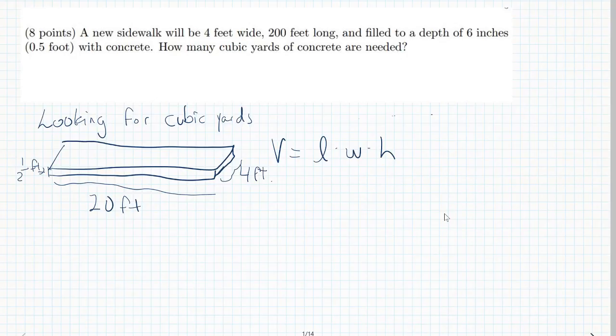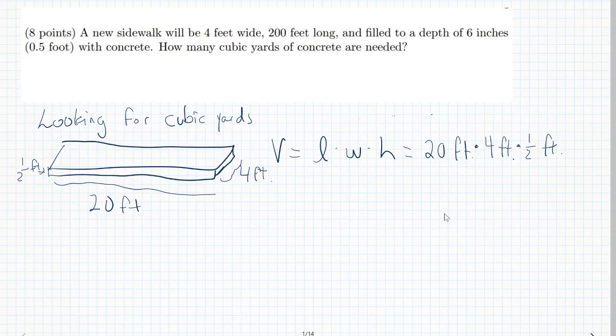Okay, so taking a look at that, length we said was 200 feet, times width, which was 4 feet, times the height, which is 1/2 of a foot.